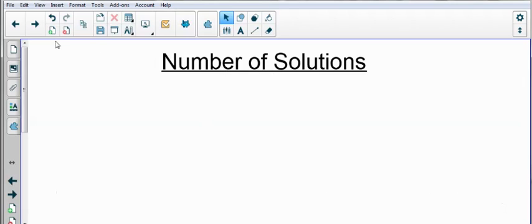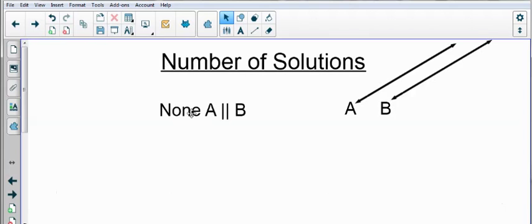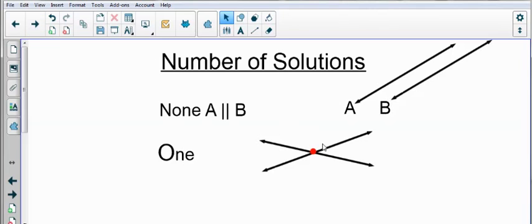Number of solutions. There are three possibilities. The first possibility is that there are none. If these two lines are parallel, they will never cross, meaning they do not share any points. Therefore, there are no solutions if the two lines are parallel. The second possibility is there's one. Two straight lines can only cross one time. They either cross never or they only cross once.